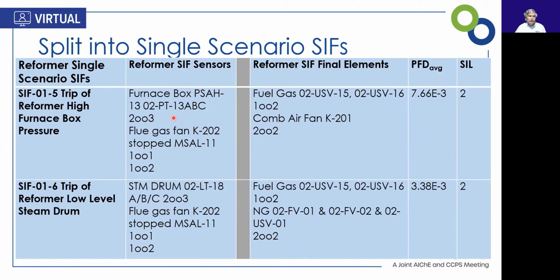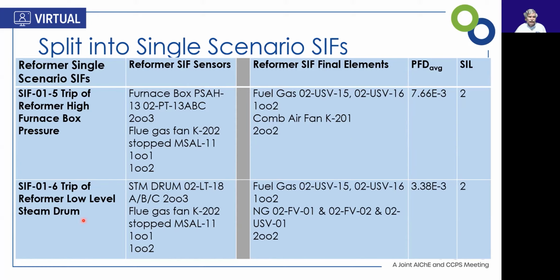We have, or transmitter, and we have two out of 3 voting there, and the flue gas fan is stopped. So the final elements are to turn the fuel gas off and turn off the combustion air fan. So that gets the heat out of the system.